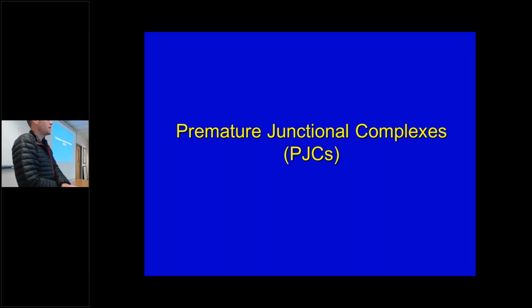So a PJC. We talked about PACs, we haven't talked about PVCs yet. A PAC, premature atrial contraction, what's that? There's a beat before the normal sinoatrial rhythm, right? Where does that come from?